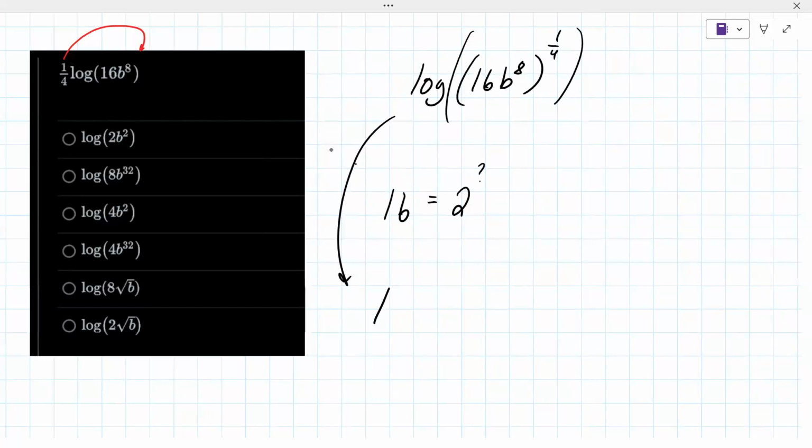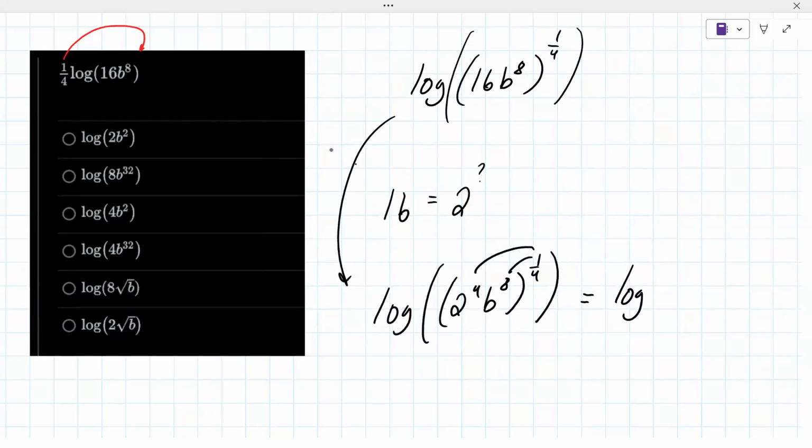So this is really log 2 to the 4th b to the 8th to the 1/4 power. So you're going to multiply those in. So it becomes 2 to the 1, 4 times 1/4, 1, and then 8 times 1/4 is 2.